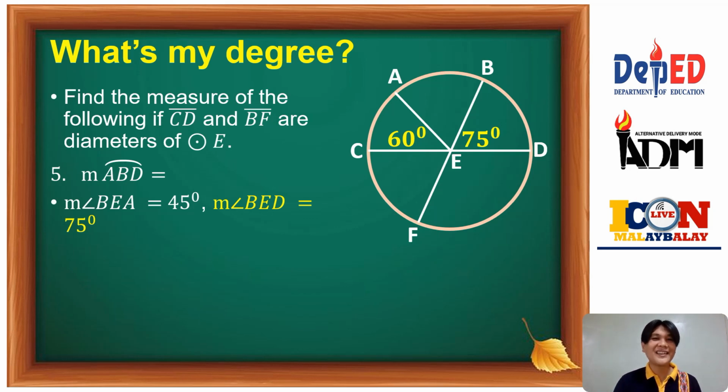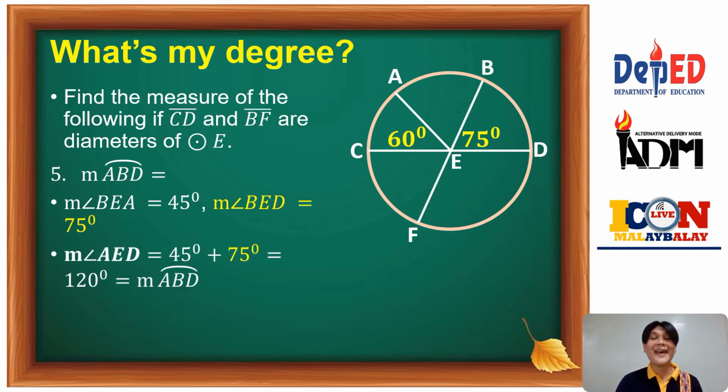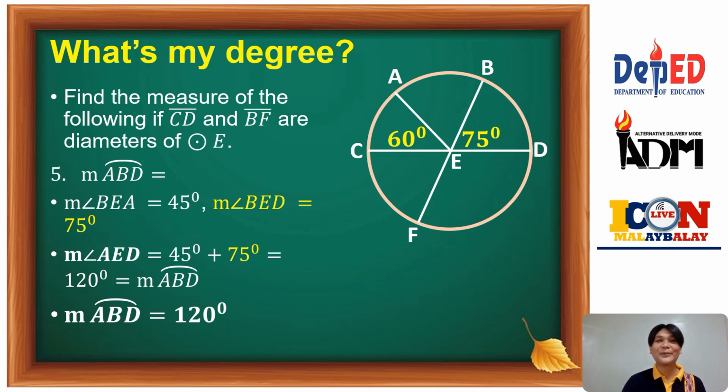Following the arc addition postulate, the measure of angle AED equals 45 degrees plus 75 degrees. That is equal to the measure of arc ABD. So the measure of arc ABD is equal to 120 degrees.